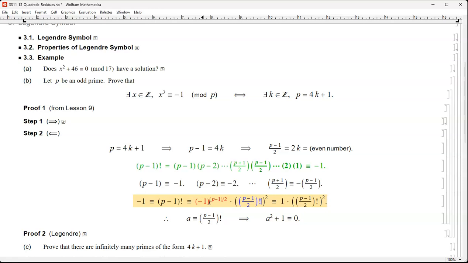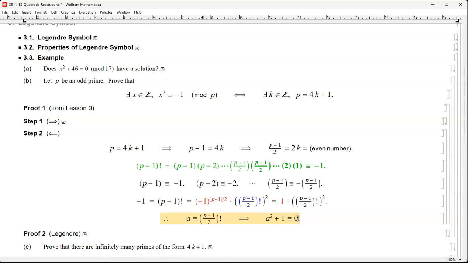But then again, negative 1 to the p minus 1 over 2 power is 1, because p minus 1 over 2 is an even number, which came from p being 4k plus 1. So that's positive 1. So what do you get? Negative 1 is this factorial squared. So putting a as that factorial, we have a solution.